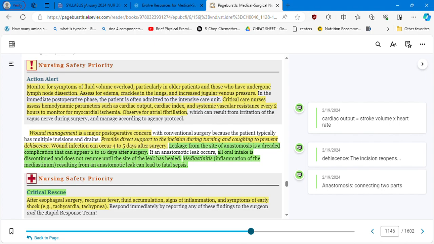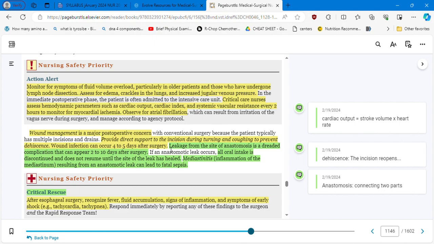Wound management is a major postoperative concern. Provide direct support to the incision during turning and coughing to prevent dehiscence. Wound infection can occur 4 to 5 days after surgery.